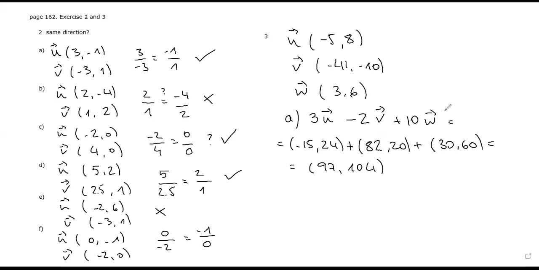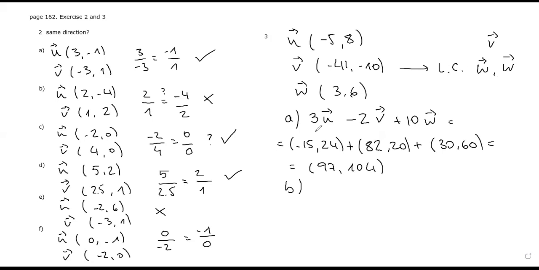Then in B, I'm asked to express v as a linear combination of u and w. I want to put them together to get v expressed as a linear combination of these two vectors.